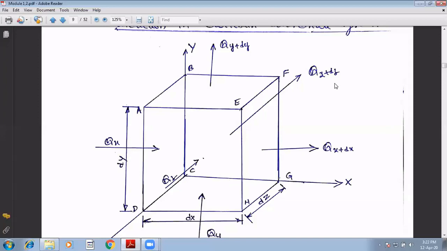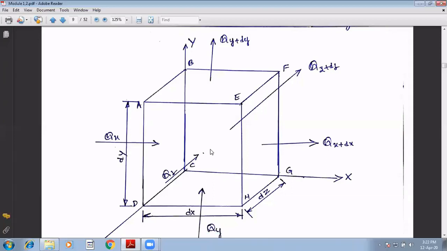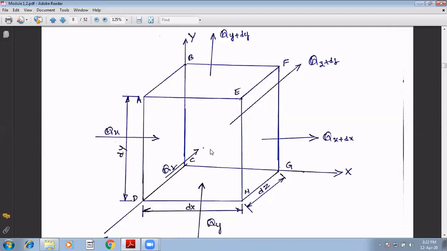Now, if I ask you what is the volume of this element, it is nothing but dx into dy into dz. Now, I will consider the net amount of heat conducted in the element in the x direction, in the y direction, as well as in the z direction. That constitutes three dimensions. How do we calculate the heat conducted in the x direction?